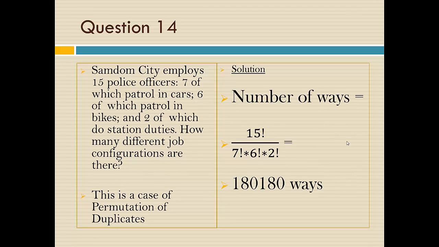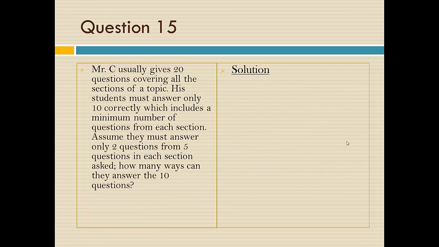So when you do that, you now have 180,180 ways. So if you see questions like that, then you know that they are permutations with duplicates, or permutation with repetition.